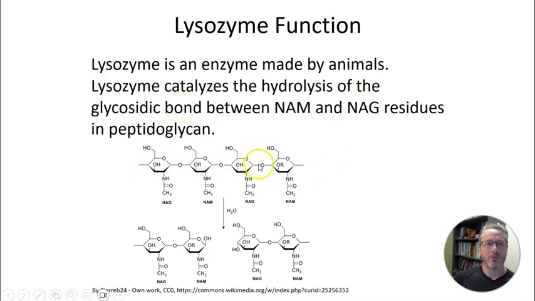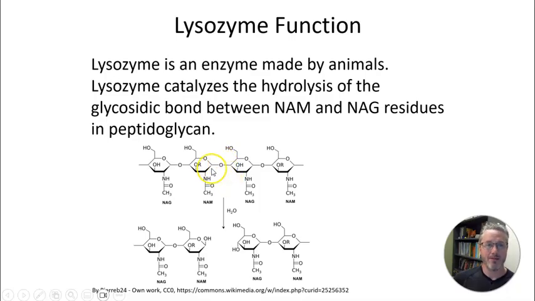So here's another representation of the peptidoglycan chemical structure. And so again, we're seeing that alternating chain of a NAG, and then a NAM, and then a NAG, and then a NAM. And again, this enzyme, lysozyme, is able to bind to this part of the chemical structure. It introduces a water molecule, so these two hydrogens and an additional oxygen are going to get input in here.